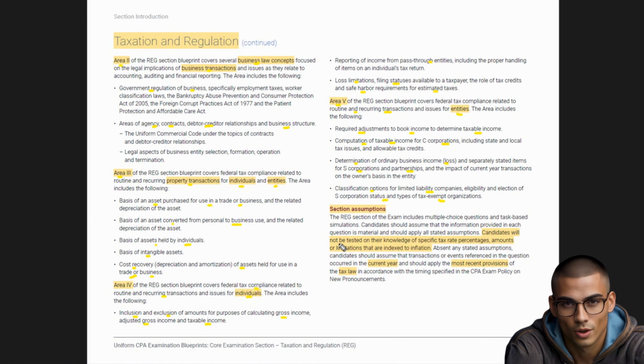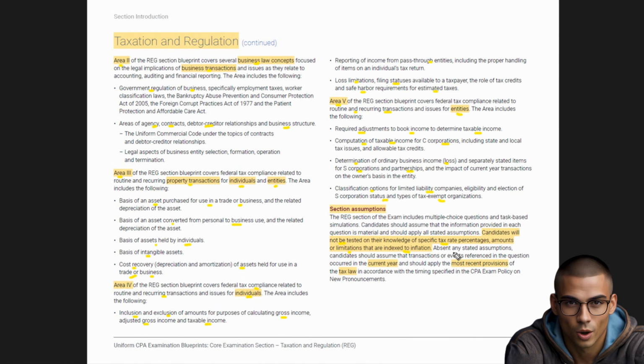Some important assumptions that you should be keenly aware of while you're studying and while you're taking your exam is that candidates will not be tested on their knowledge of specific tax rate percentages, amounts, or limitations that are indexed to inflation. So don't waste too much time studying these, because those will not be tested on the exam.